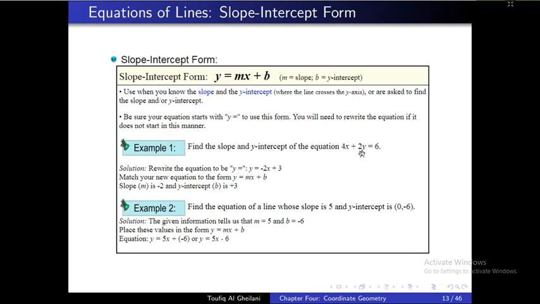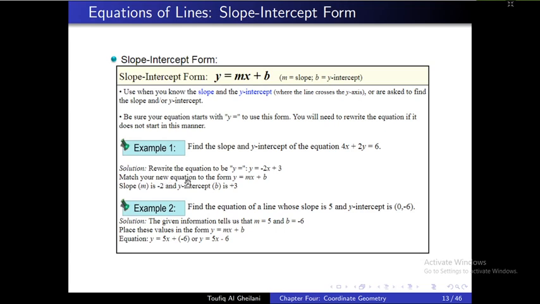So we have 2y equals, so we transfer 4x to the other side, the right side, which will be 6 minus 4x, and we divide both sides by 2. 6 over 2 gives us 3, and minus 4x over 2 gives us minus 2x. So y will be equal to minus 2x plus 3.